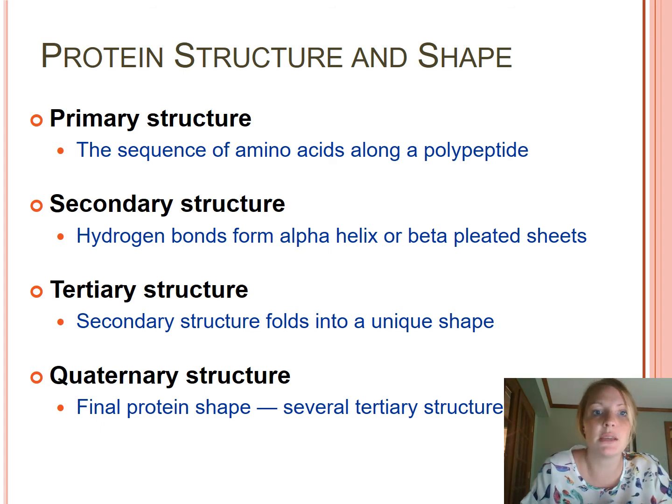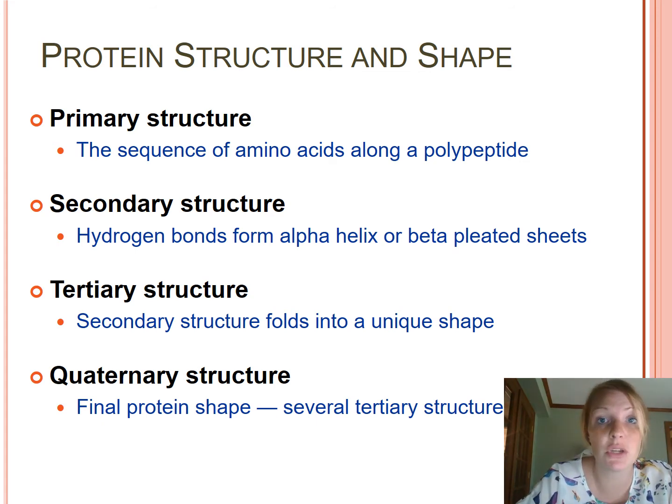It could cause some sort of reactive group to be facing outward. It could really change the function of the protein. So this tertiary folding is incredibly important, and oftentimes the tertiary folding is affected by some changes in the secondary or primary structures. But really the folding of the proteins is incredibly important in its function.